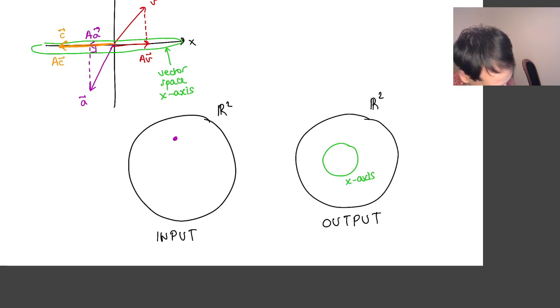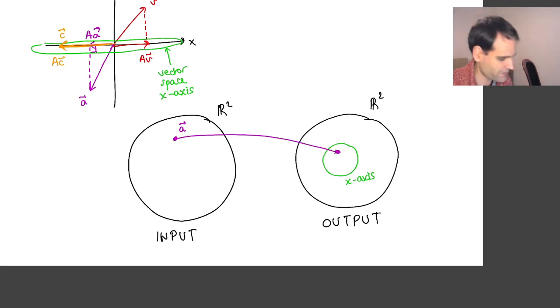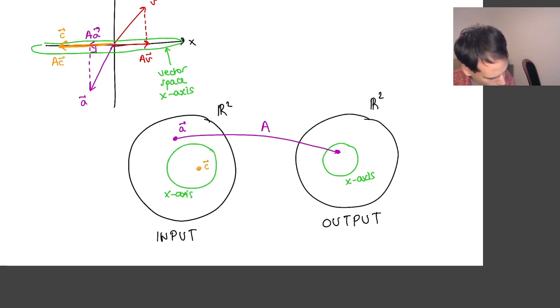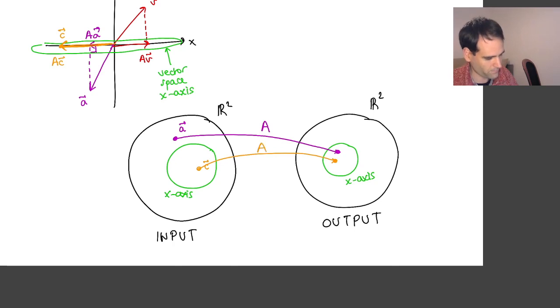Let me use the same color, point A. And the transformation moves it to some point within the x-axis, which would be A times a. So this is applying transformation A. Some other points, like C, are inside the x-axis, and these points are mapped also inside the x-axis. They end up actually in themselves. So we can draw it like this.